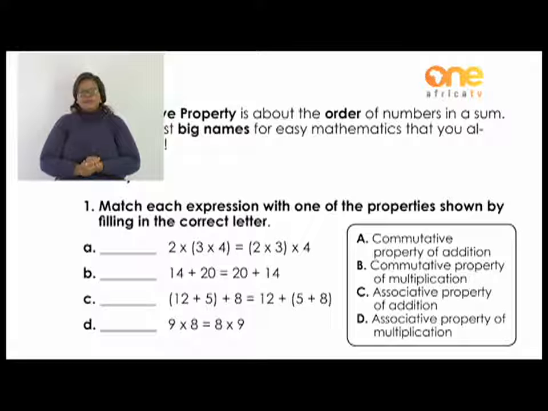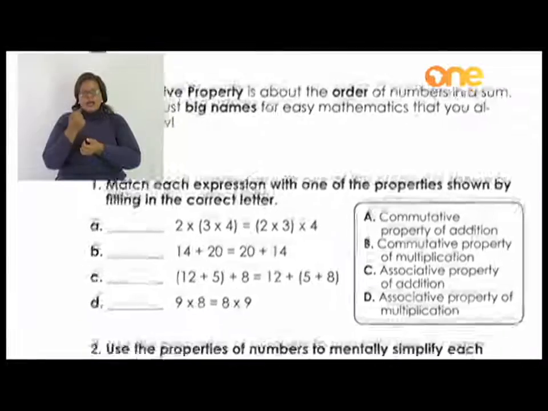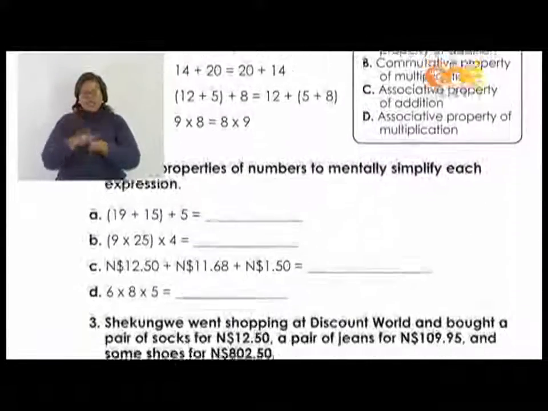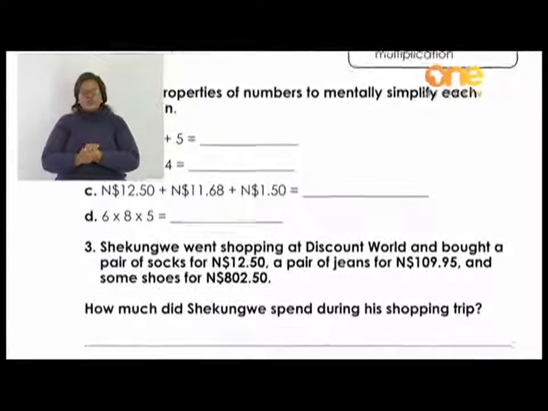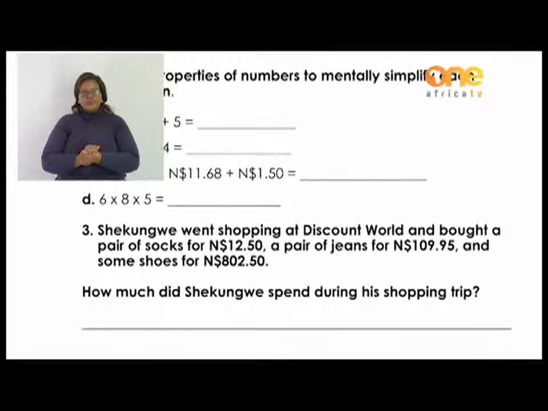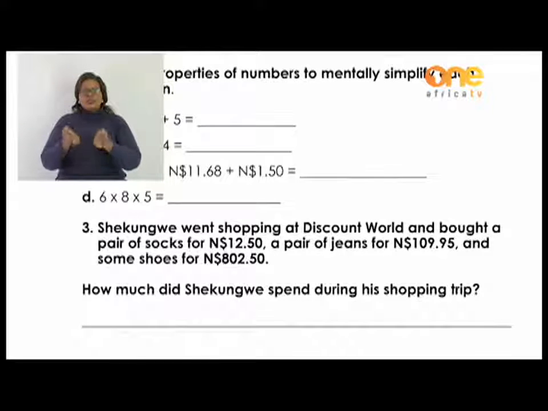Okay. Now, I've given you a hint on how to do it. So the next, C and D, I want you to do on your own. All right. Now let's do number 2.